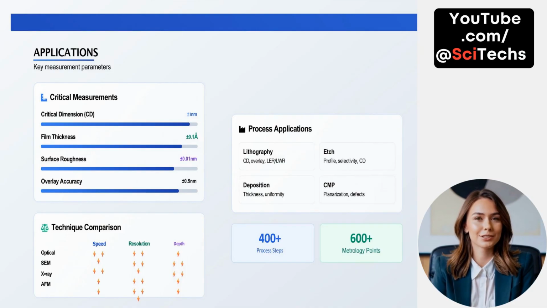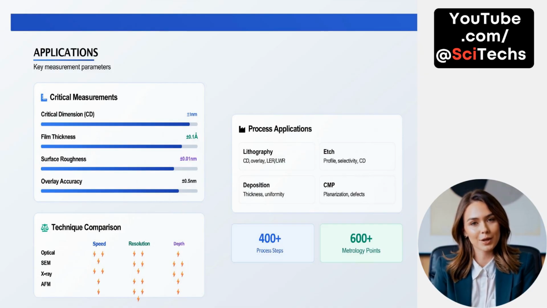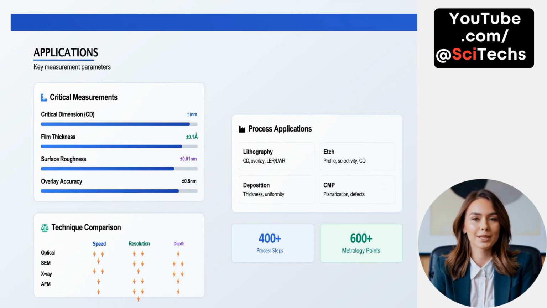Film thickness is another crucial metric, measured with sub-angstrom accuracy, down to plus or minus 0.1 angstroms, to maintain process uniformity. Surface roughness affects interface properties and must be tightly controlled, measured at plus or minus 0.01 nanometers. Overlay accuracy ensures correct layer alignment, with tolerances as tight as plus or minus 0.5 nanometers.